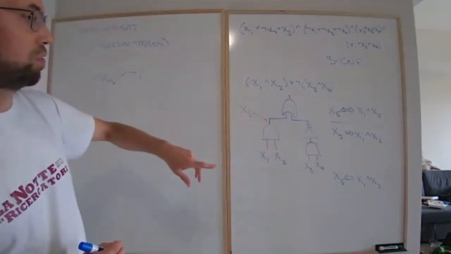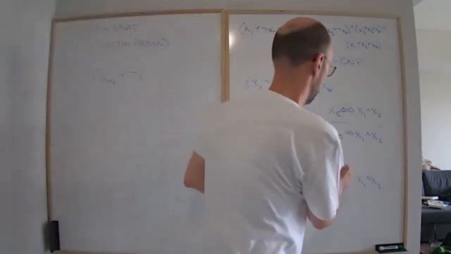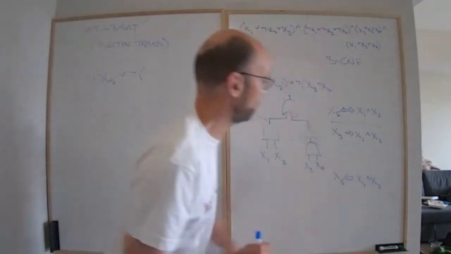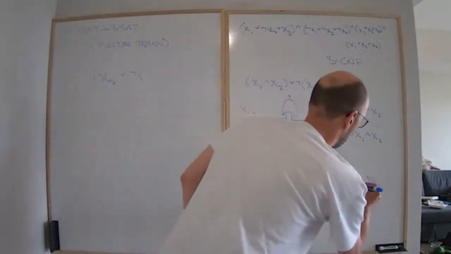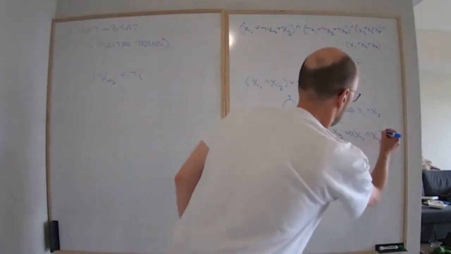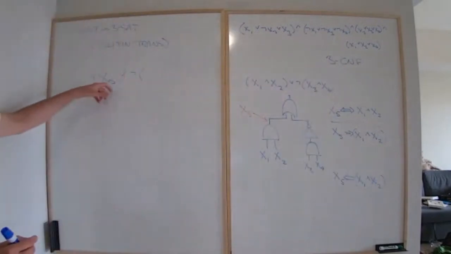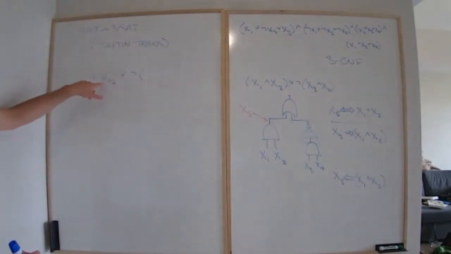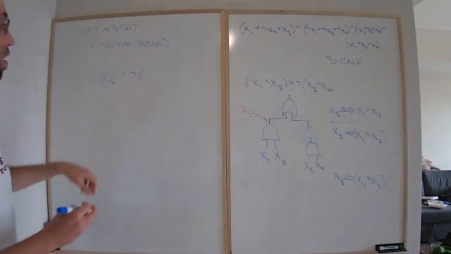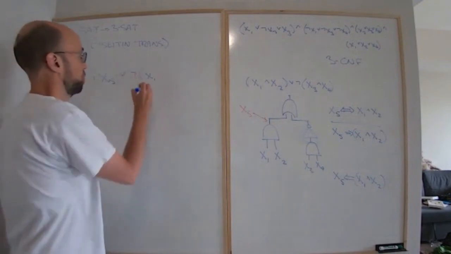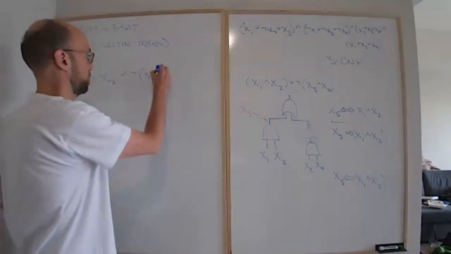Oh wait, I wanted to do this one. x5 is implied by x1 and x2. That's the case of saying either not x5 or not x1 and x2.